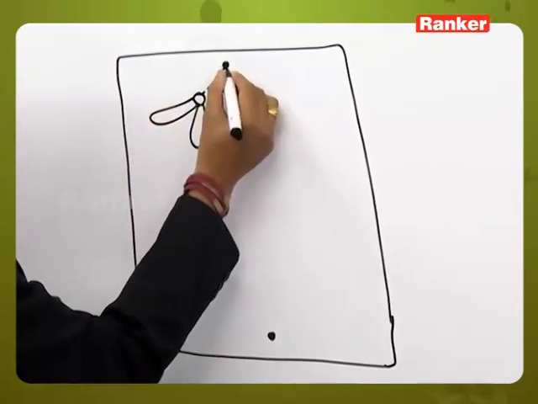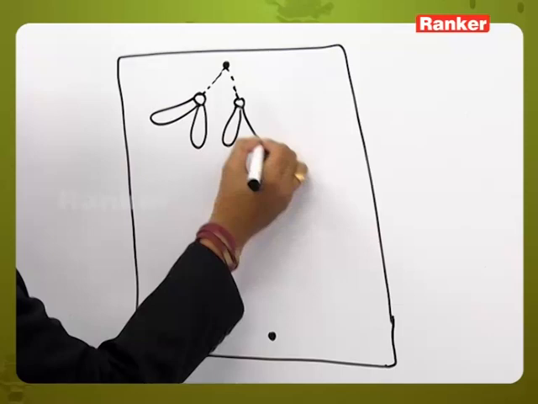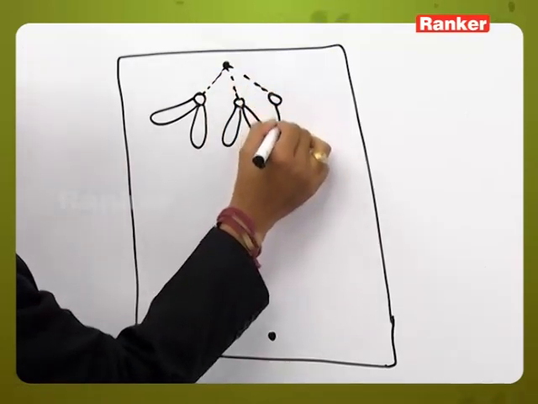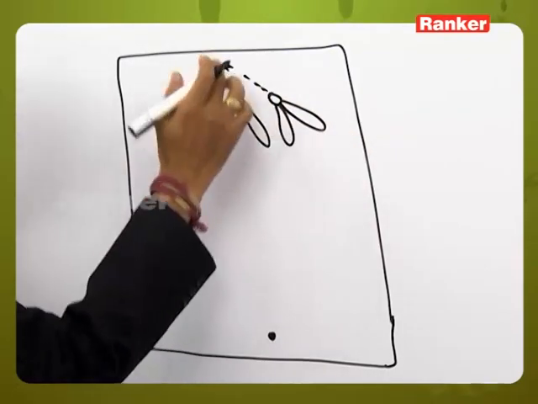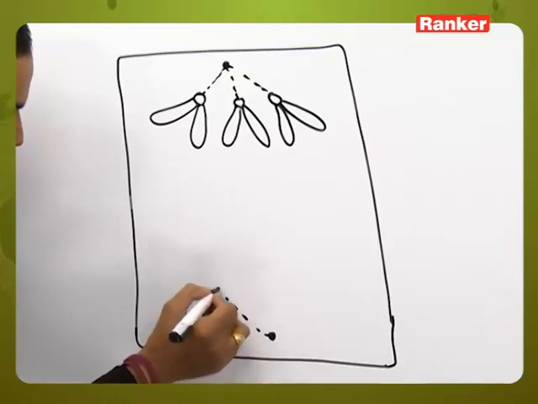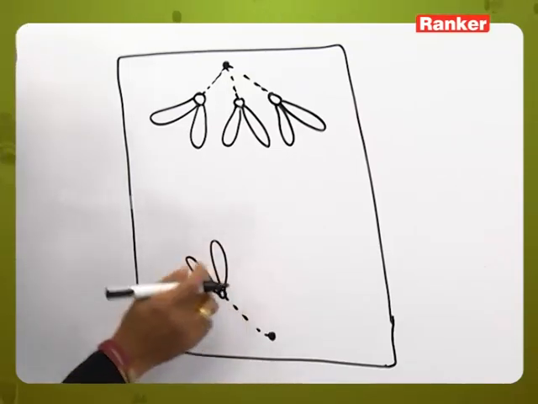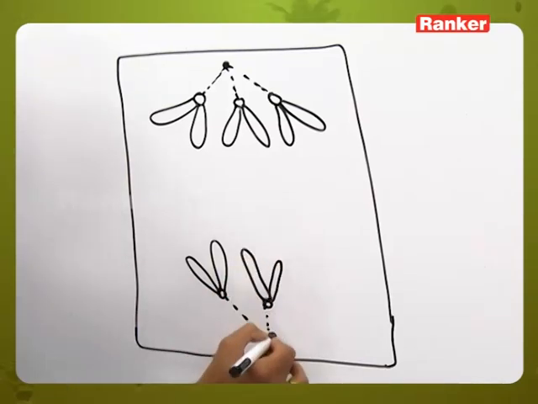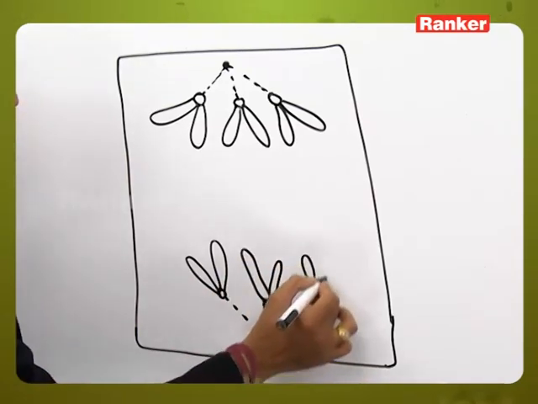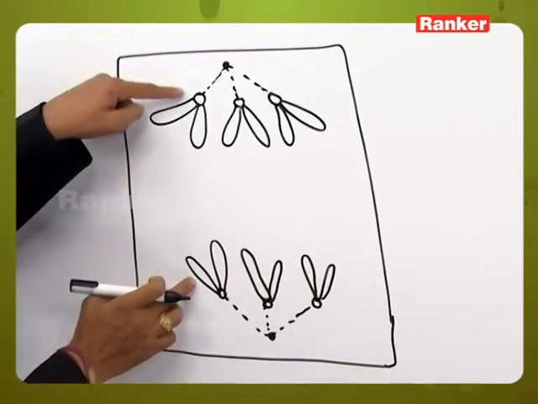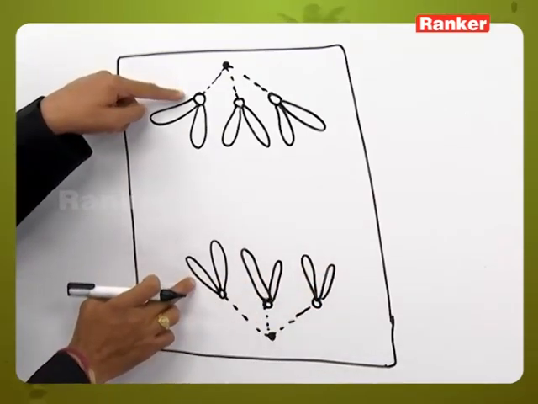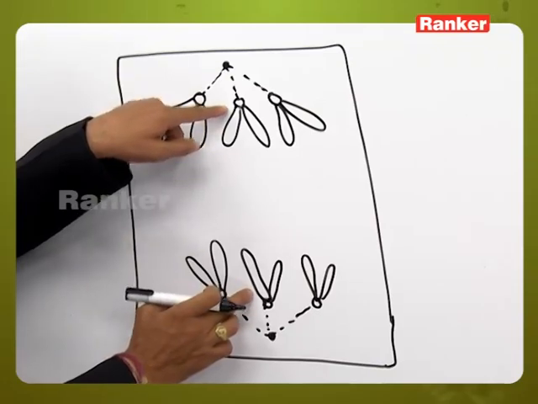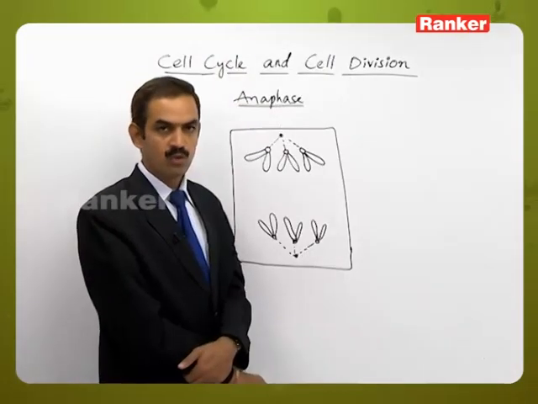Consider this is one chromatid that has been separated out, and these are the chromatids which have been moving towards this pole, and one more pair. These two are the chromatids of one chromosome, and these two are the chromatids of one chromosome.